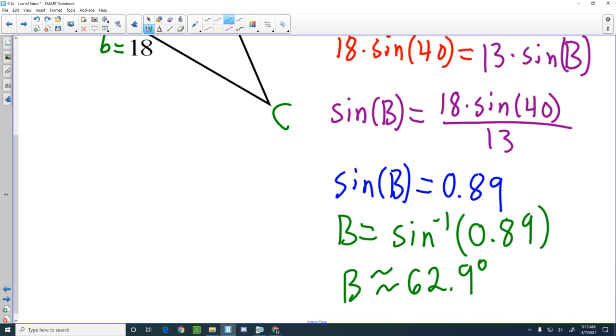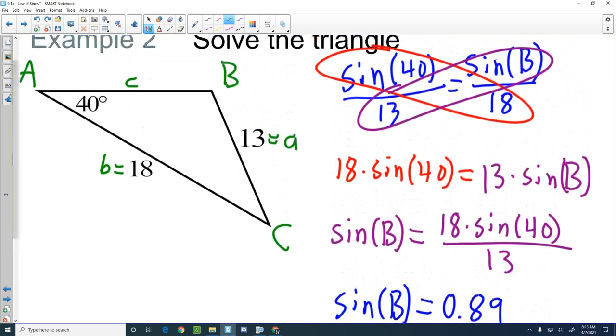And now we have another angle. All right, so the law of sines, sometimes you're just solving for a side length, where it's very straightforward. If you're solving for an angle, there's just one final step of taking the sine inverse to get that angle. And that's honestly as hard as this is going to get, taking the sine inverse. So that's right here, 62.9 degrees.